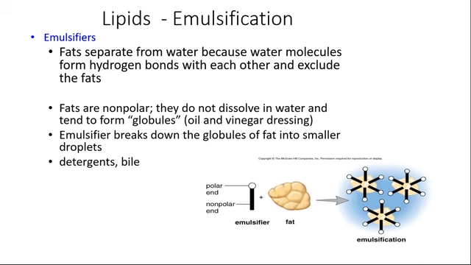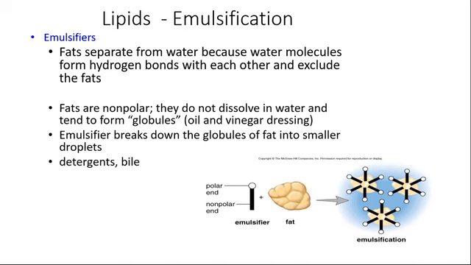So to make the lipid go into solution, you have to use an emulsifier. What does an emulsifier do? It makes the fat and the water mix, and it forms what is known as a globule.